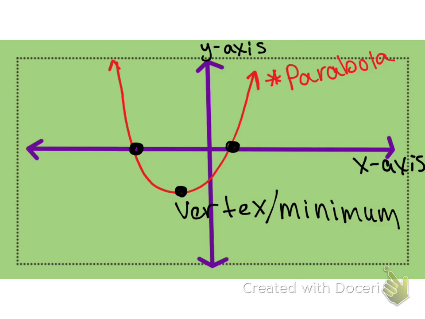The x-intercept, because it's where the line goes through the x-axis. But what else is it called, you guys? There are 3 other names that you could call your x-intercept. Roots, zeros, solution.